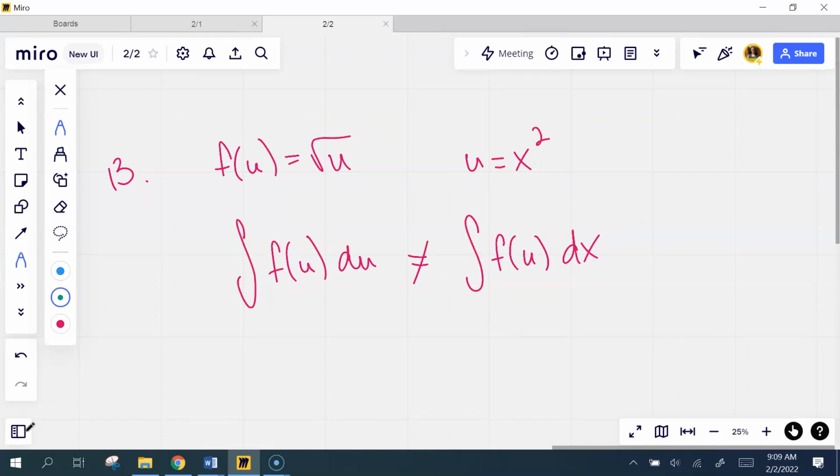So here, if I just did the integral of the square root of u du, I want to show that it does not equal, so I'm going to find du here. What is du? 2x, right? So the integral of f of u dx.